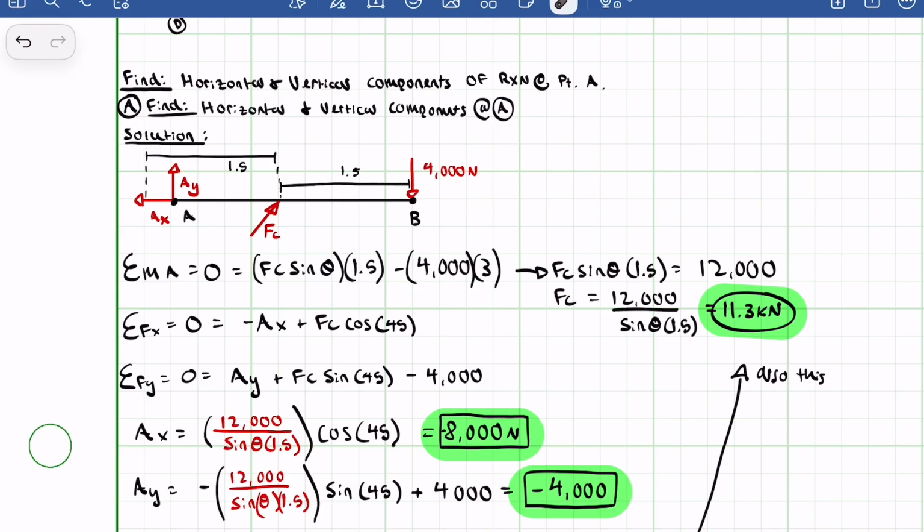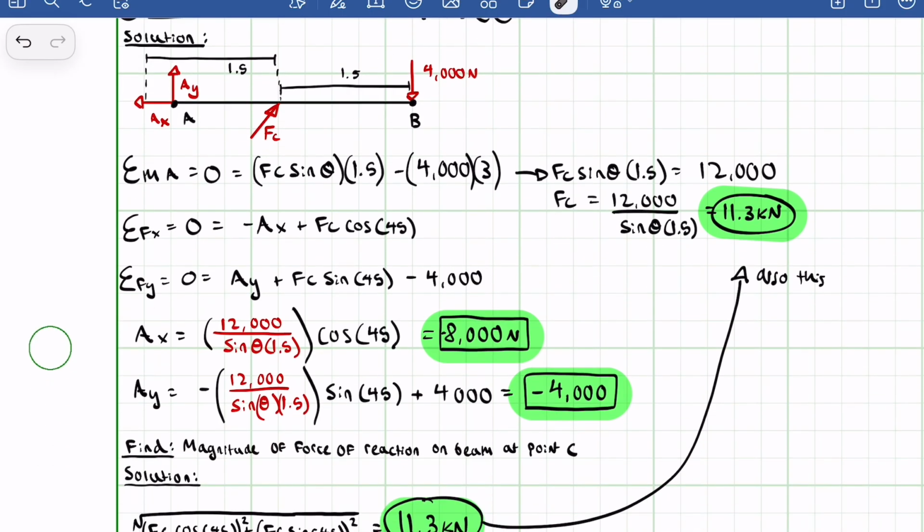So for the horizontal components, we have the sum of all forces in the x direction is equal to 0. And this is because this is statics. Everything is equal to 0, right? And we know that there's only one force pointing left or horizontally and one force pointing right, which is great because now we have a given. We know FC, and we can solve for AX, right?